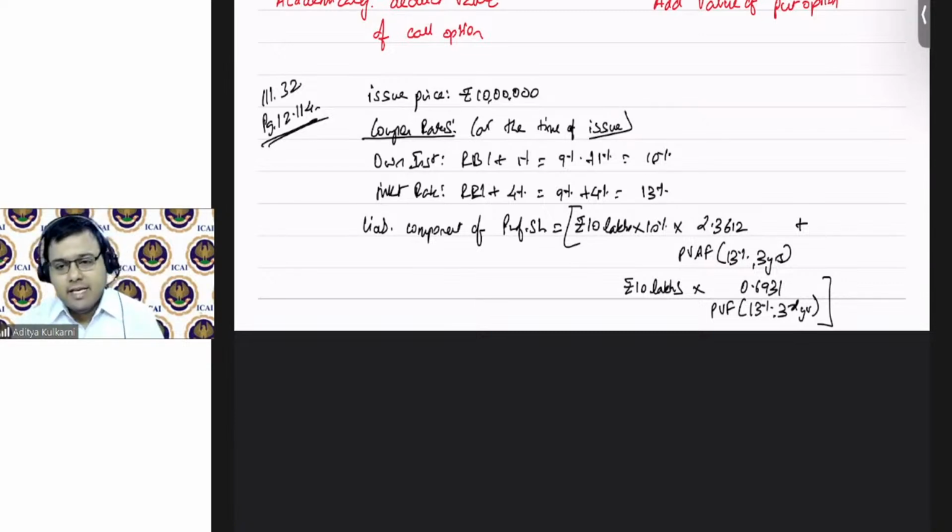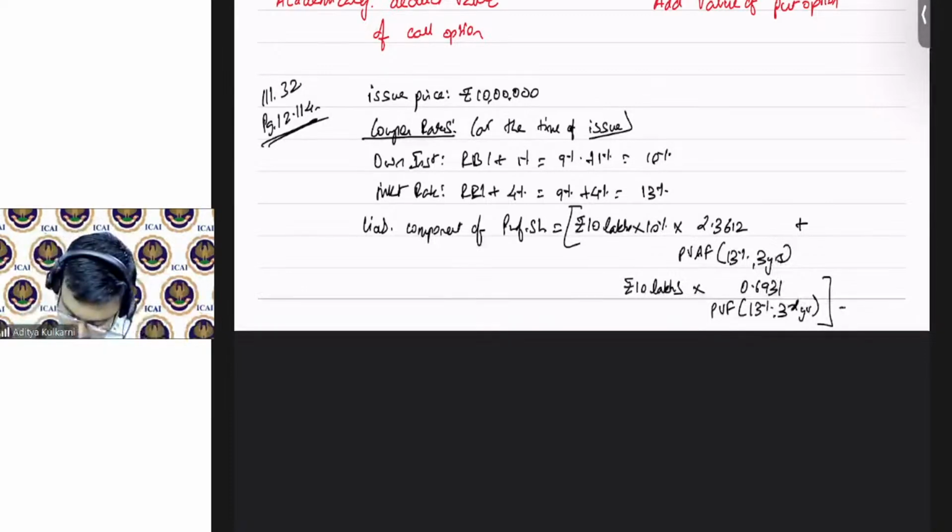Tell me, is this only going to be the liability component, or will there be something else attached to it? Yes, 2.3612 is right.